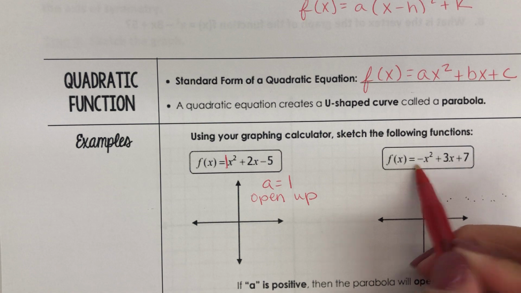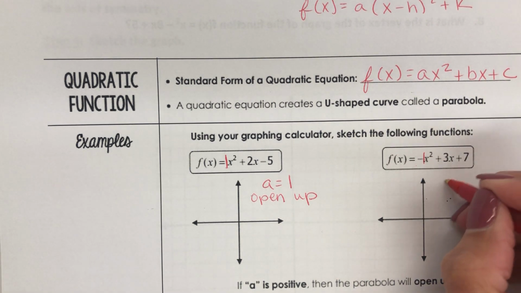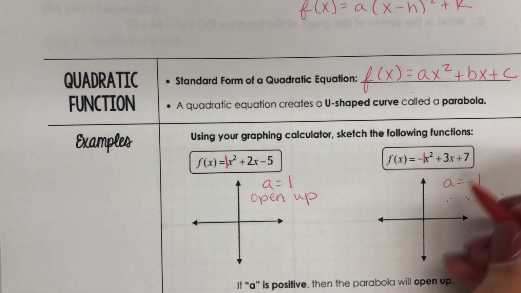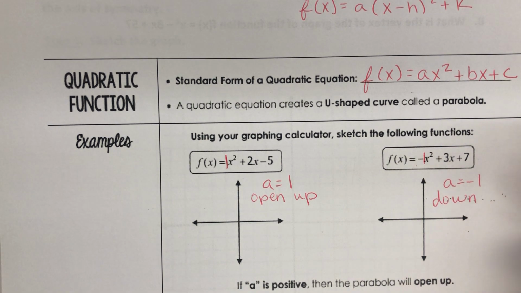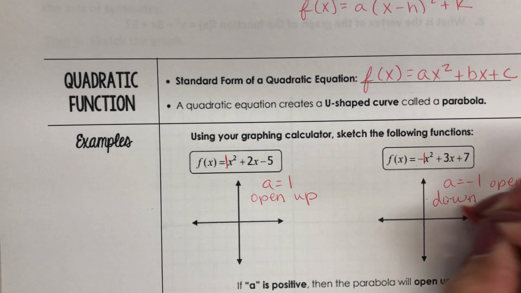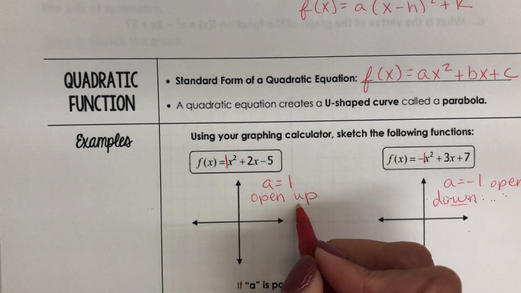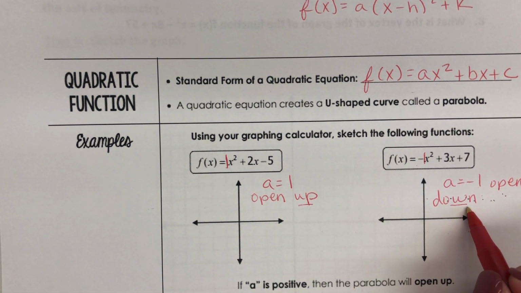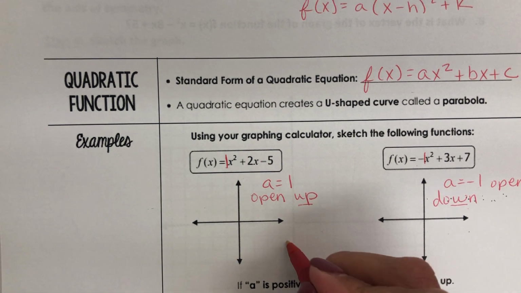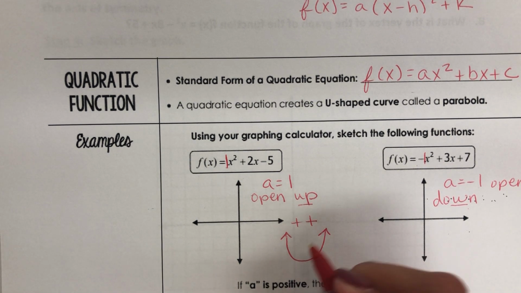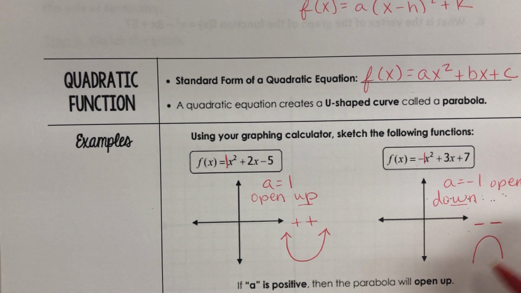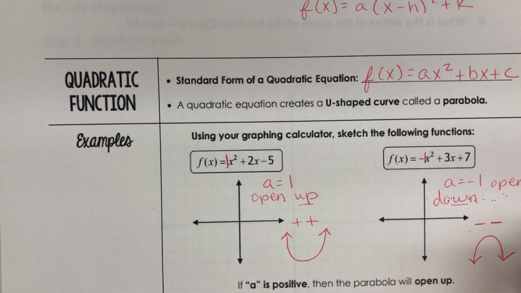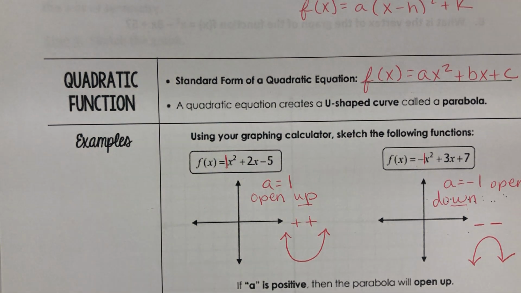Here, the a is negative, or -1, and that will tell me that this parabola is going to open down. So positive, open up; negative, open down. A way to remember that: positive gives the happy face opening up, negative makes that frowny face or sad face opening down.